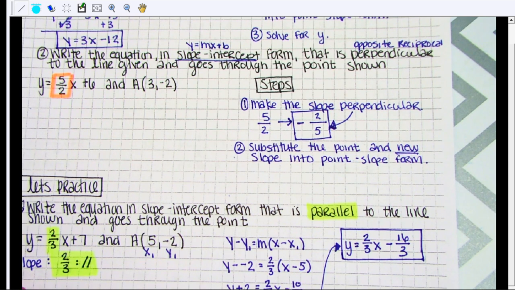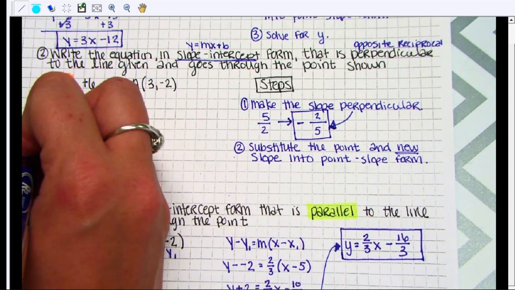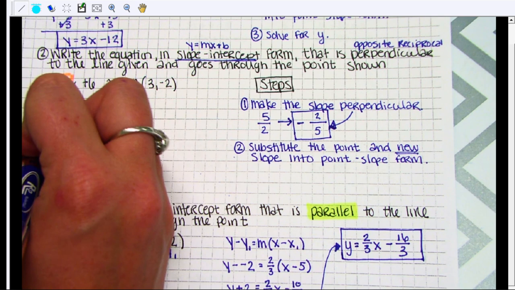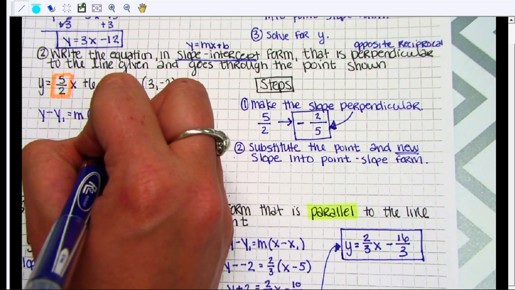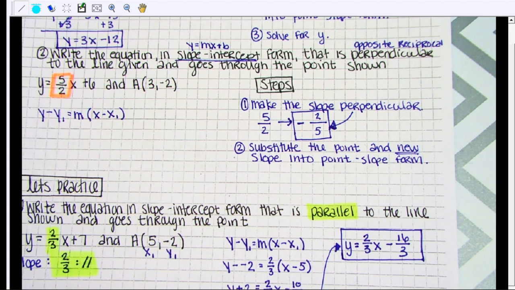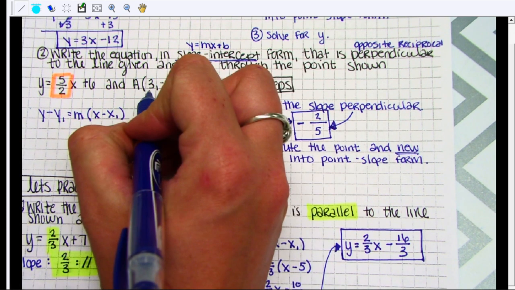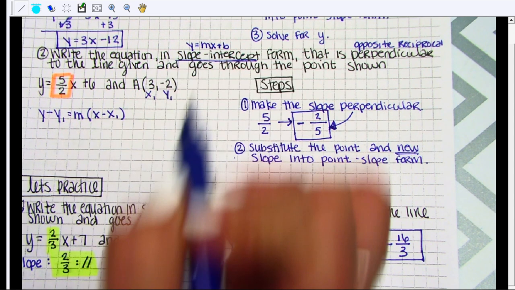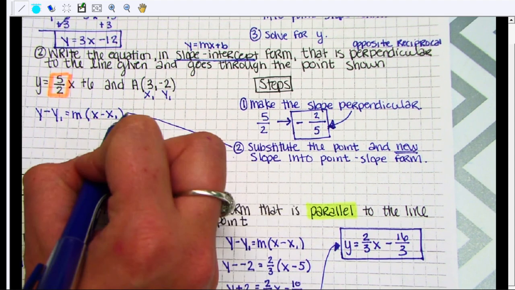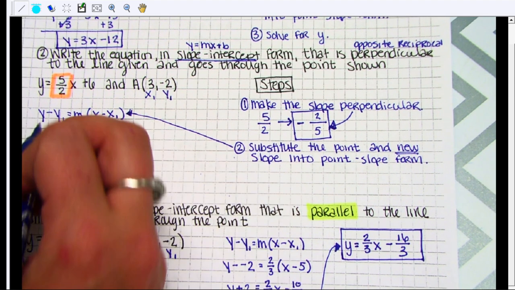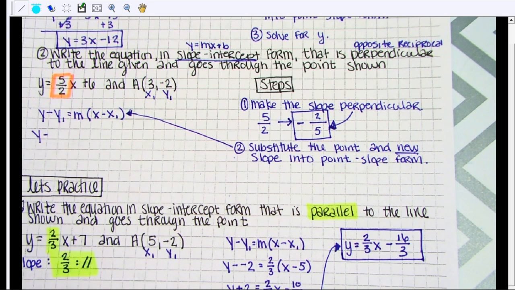So I'm going to write point slope: y minus y1 equals m parenthesis x minus x1. Let's substitute. I've got x1, y1. Remember, step 2 is to substitute into this equation. So I get y minus what?